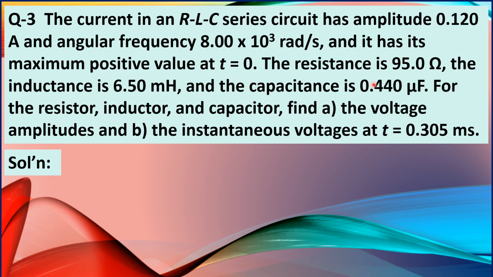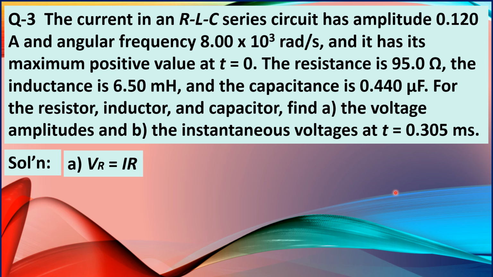The resistance is 95.0 ohms, the inductance is 6.50 millihenry, and the capacitance is 0.440 microfarad. For the resistor, inductor, and capacitor, find letter A, the voltage amplitudes. Letter B, the instantaneous voltages at time equals 0.305 milliseconds.